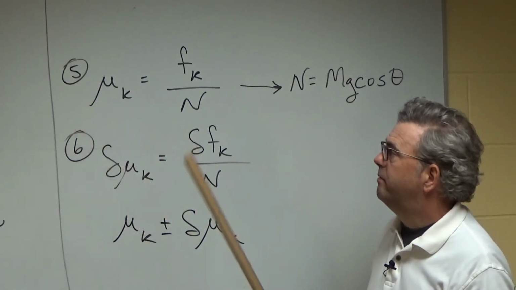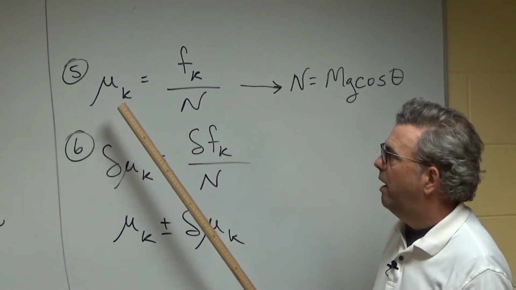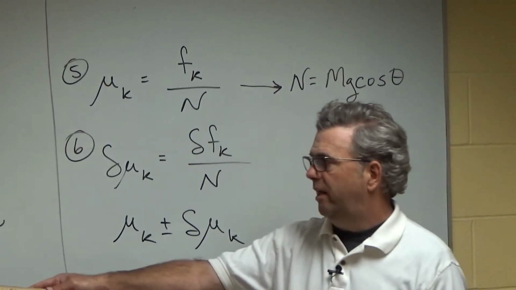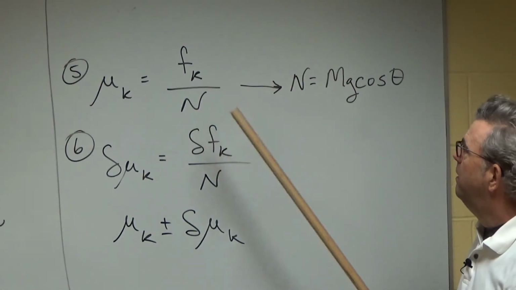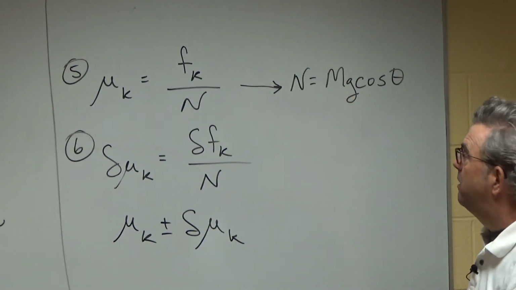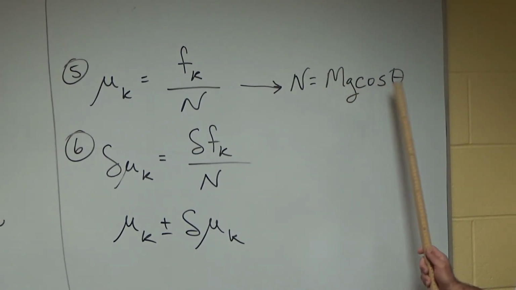So now we're in a position where we can calculate mu k. Mu k is equal to Fk, which you just calculated in number 3, divided by the normal force. Well, from the analysis of the free body diagram, the normal force is equal to mg cosine theta.